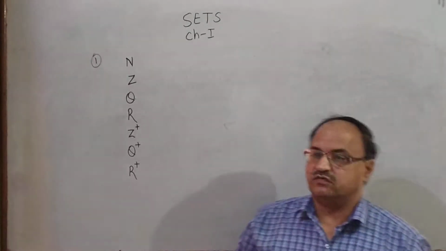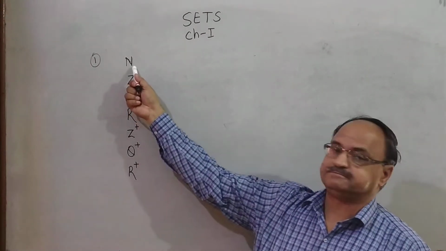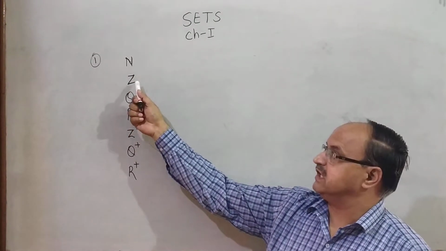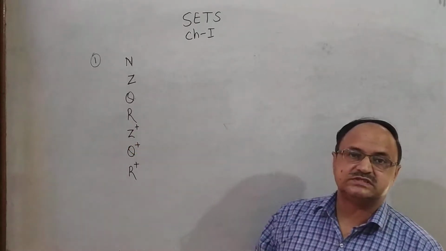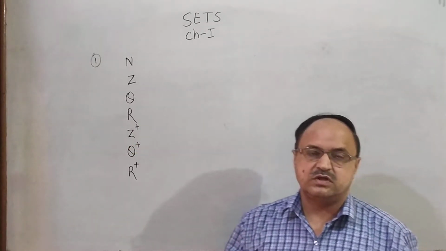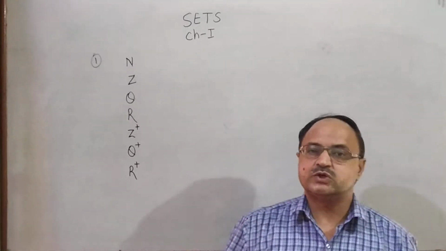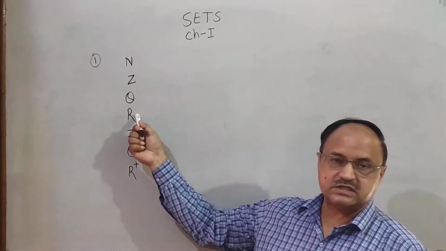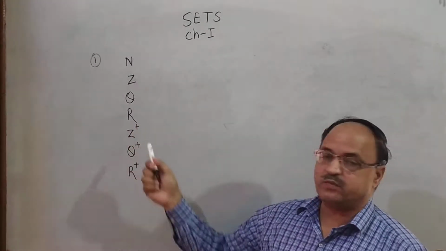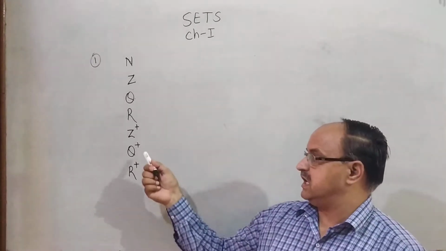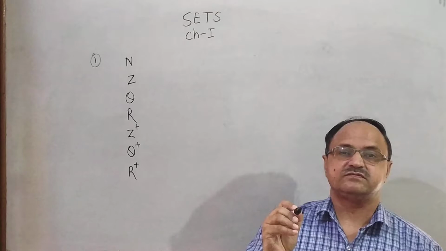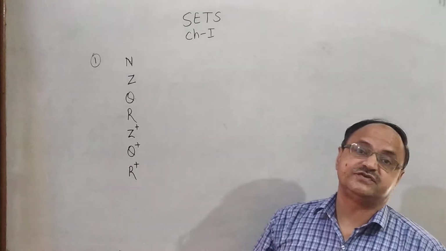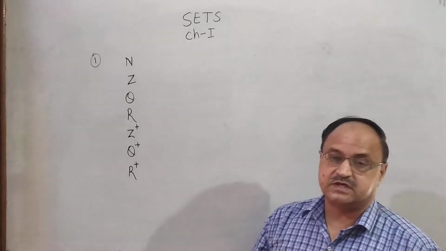These symbols we use in this chapter. Rational number, already you know, is a number in the form of p by q, where q is not equal to 0, and p and q are integers. These symbols we use in sets.